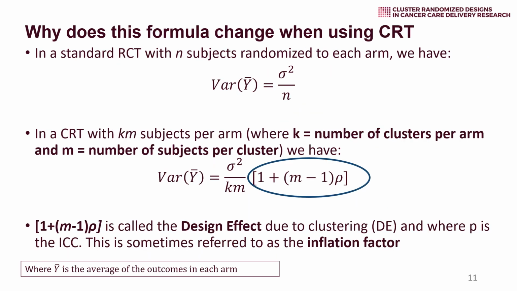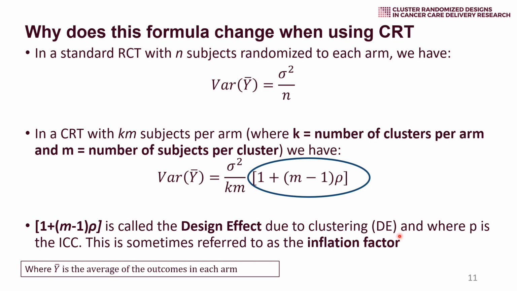So why does this formula change when we are designing a cluster randomized trial? In a standard patient randomized design, where we've randomized n subjects into each of our arms, the variance of the average outcome in each arm turns out to be this quantity here, sigma squared, which is the variance of the outcome, divided by the number of subjects in each arm.